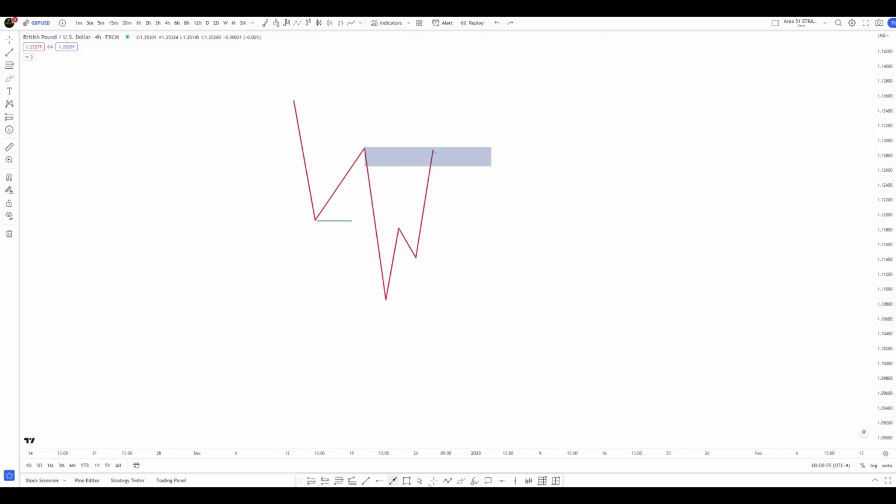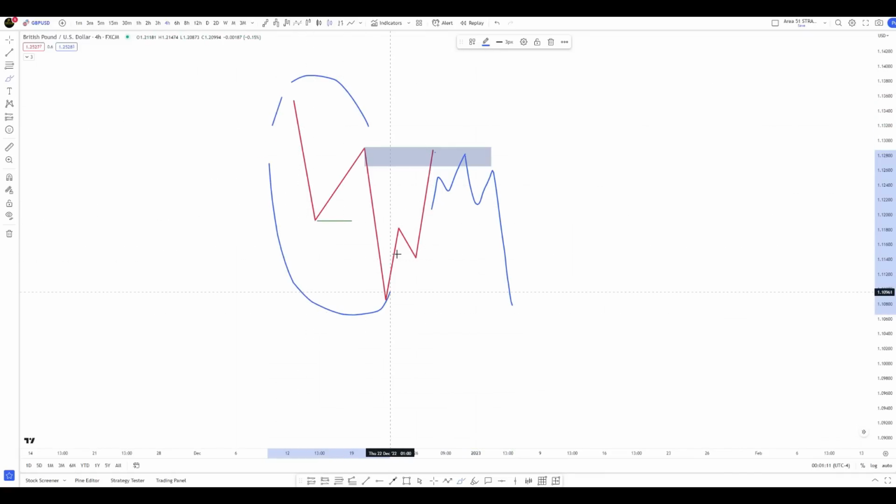What they do is, on the lower time frame, when the price comes back to this level, they wait for some type of change of character, and then they start selling. All right. So let's say on the 1 hour time frame, this is what's going on. But on the 15-minute time frame, price is creating a structure of higher highs, higher lows.